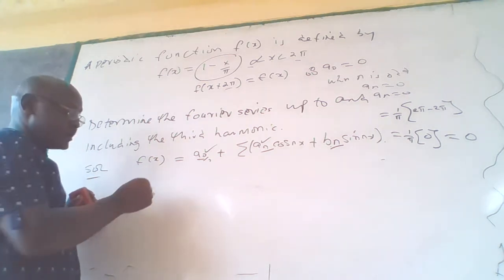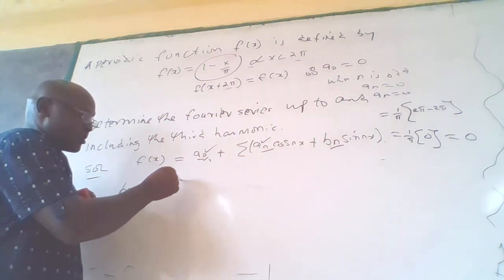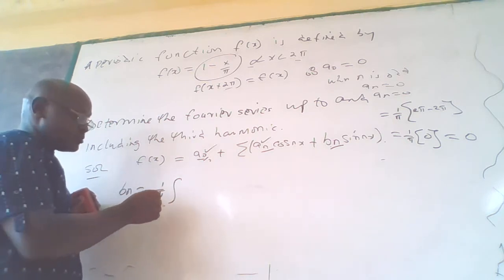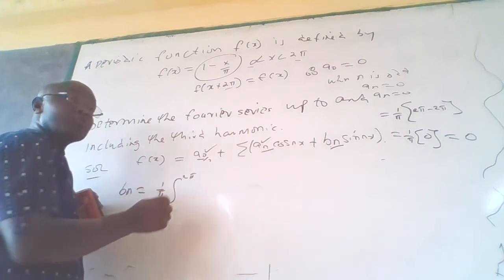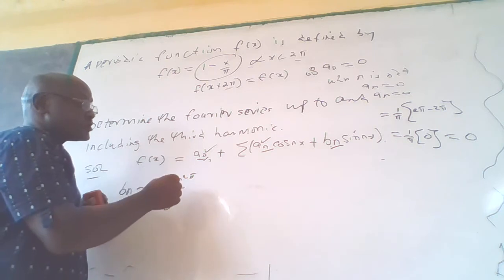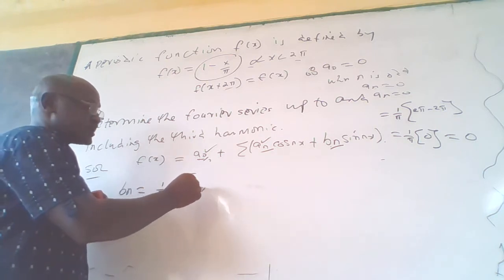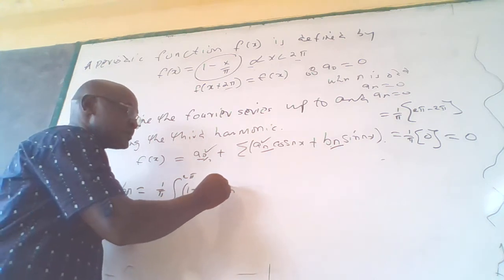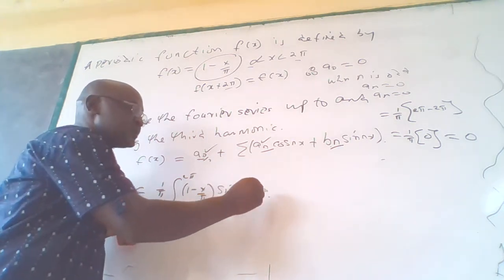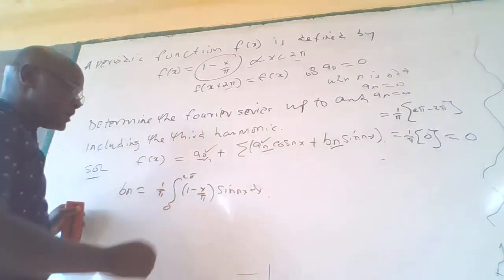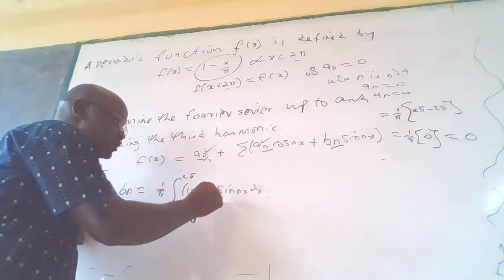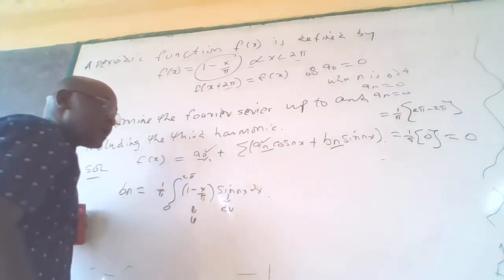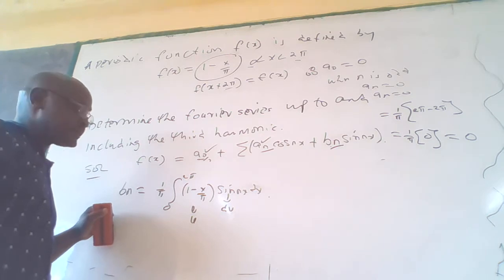bn is given by 1 over pi. We are integrating from 0 to 2 pi. Then of course f of x, which is 1 minus x over pi. Then this is sine nx dx. Now this is our u. This one is our dv, integration by parts.